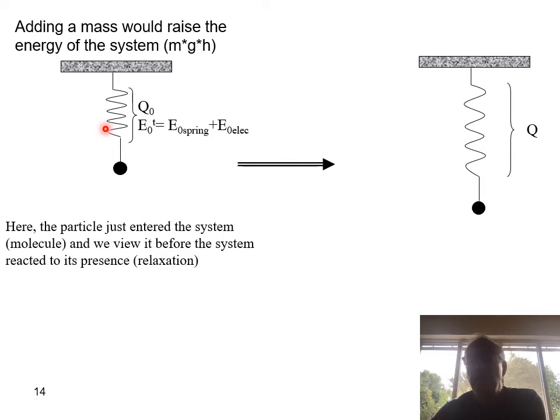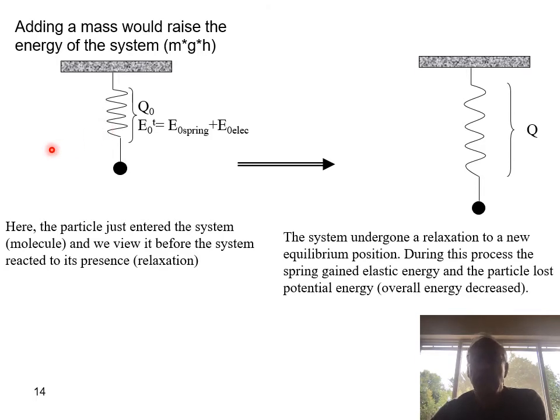The coordinates of the spring would change, and that means that the energy of the spring would increase. The energy associated with the mass, of course, is going down, so we have something that goes down, something that goes up. But because there was a spontaneous transition from this state to this state, then we can safely assume that the overall energy here is lower.